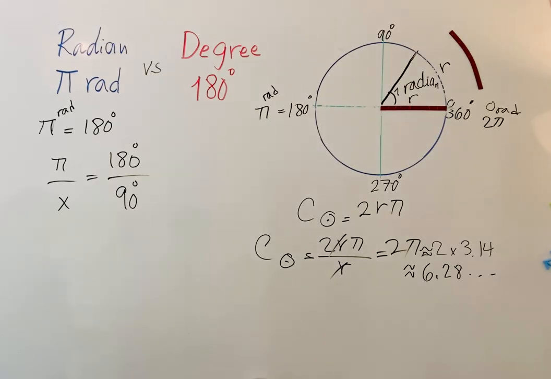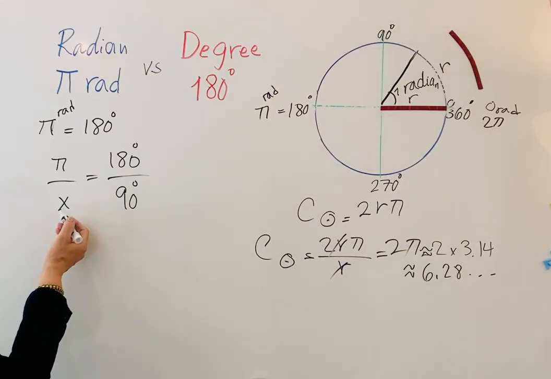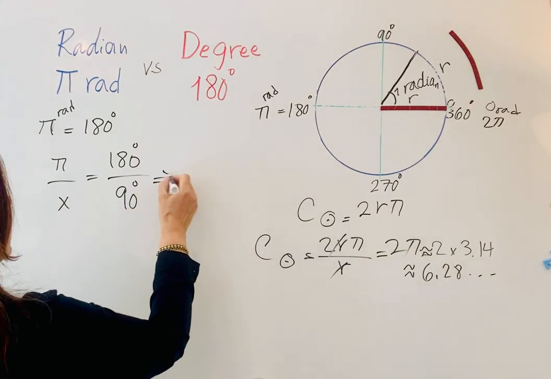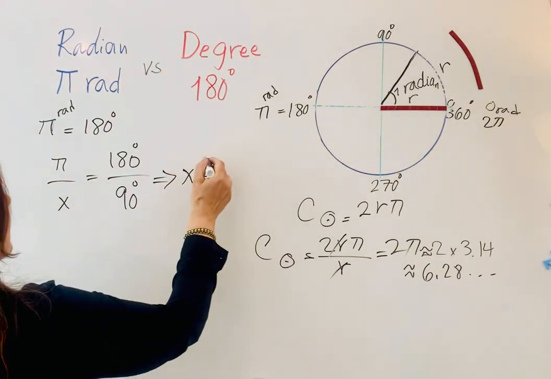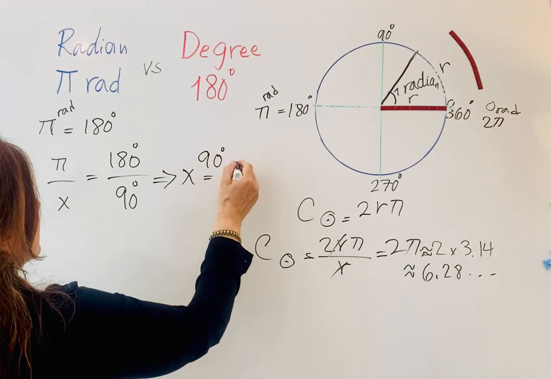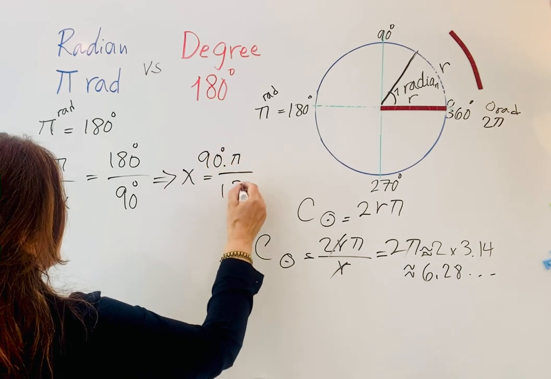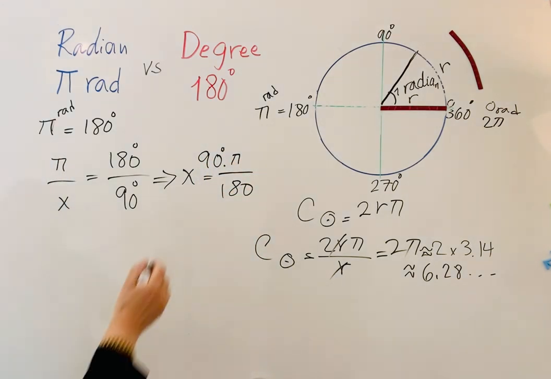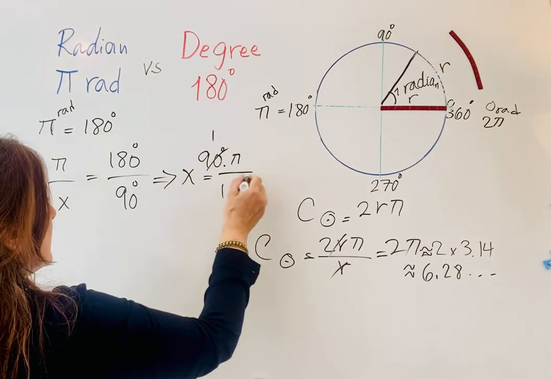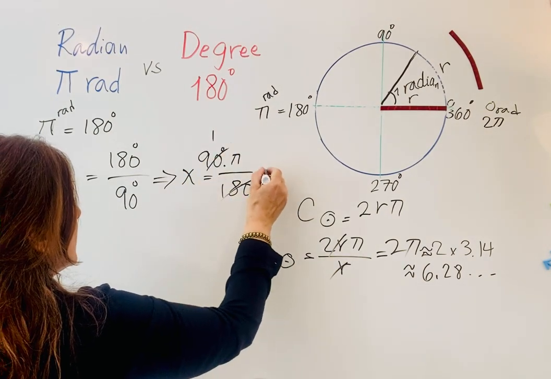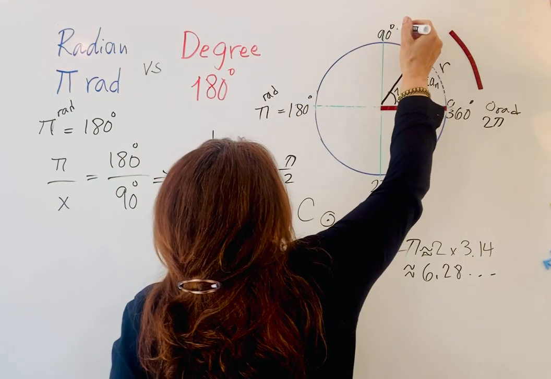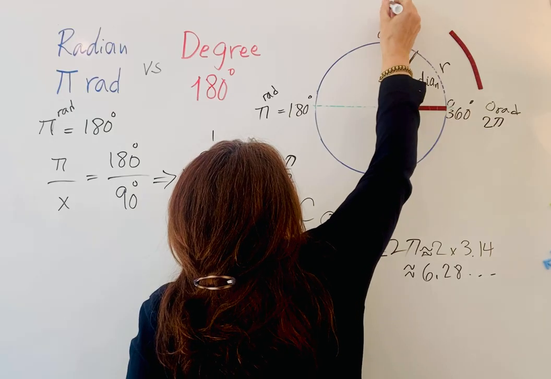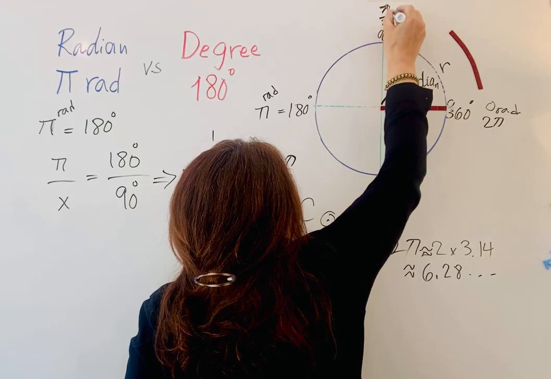Make a proportion and just find x. x is equal to cross multiplication: 90 degrees times pi divided by 180. Simplify by 90, it is pi over 2. So 90 degrees is equal to pi over 2.